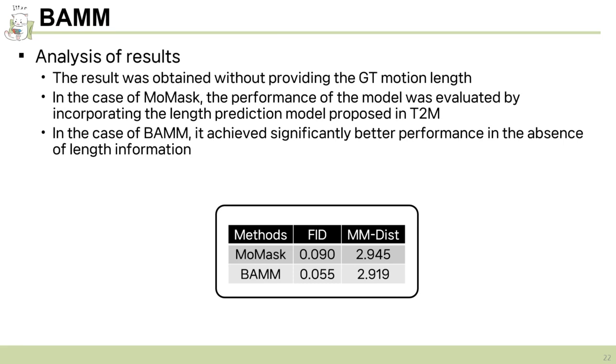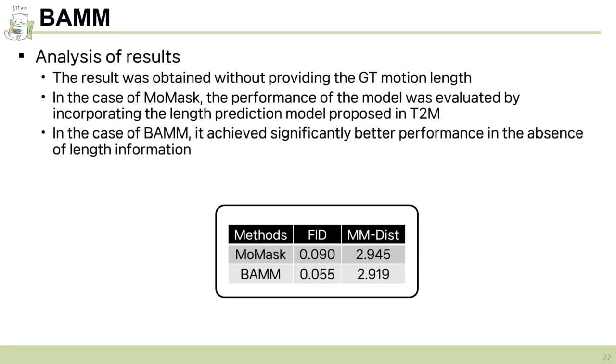MMDist evaluates how well the generated motion aligns with the given text prompt. It quantifies the semantic consistency between the text and motion. Lower MMDist values indicate better alignment with the intended text description.